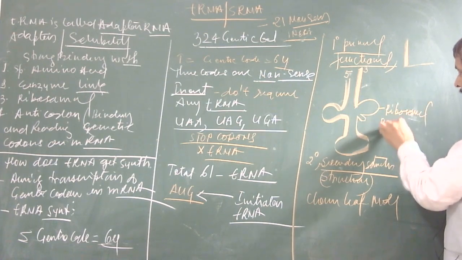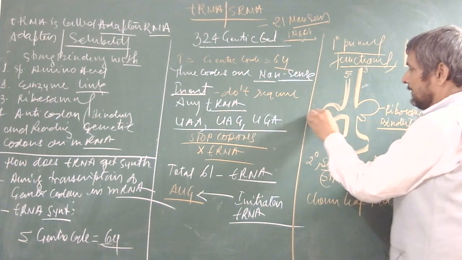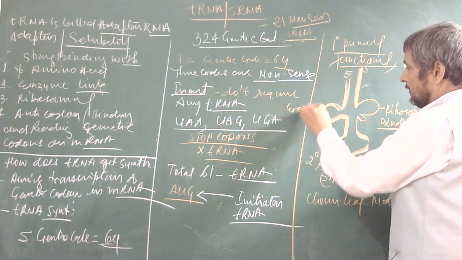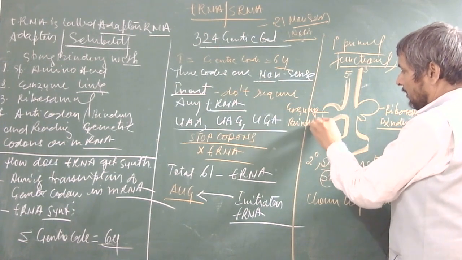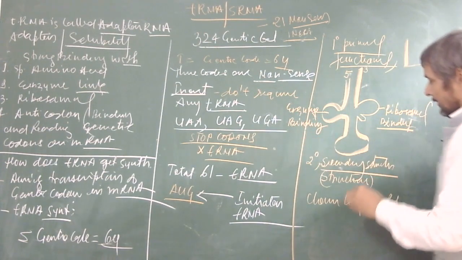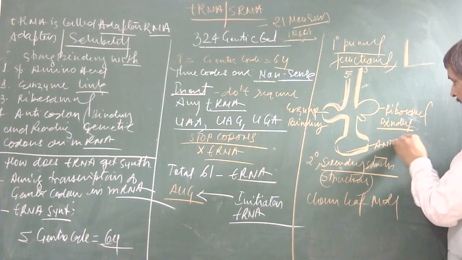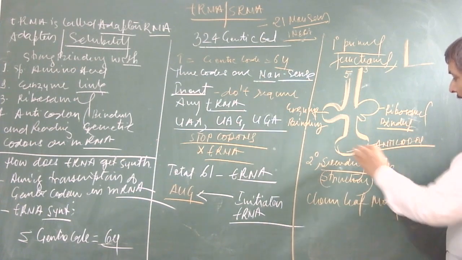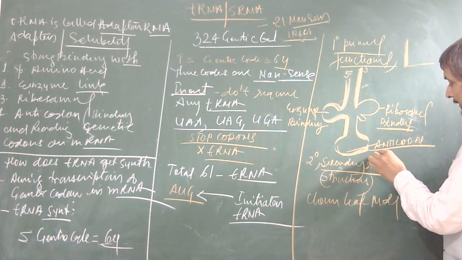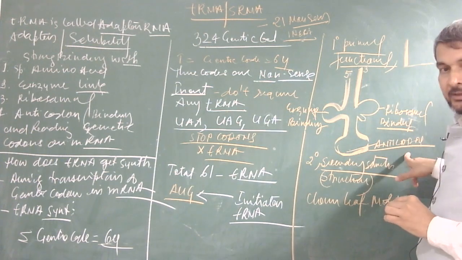binding site. This end is the enzyme binding site, the enzymes involved in the translatory mechanism. This end is known as the anticodon end. The loop is known as the genetic code reading end or genetic code binding site on the mRNA.